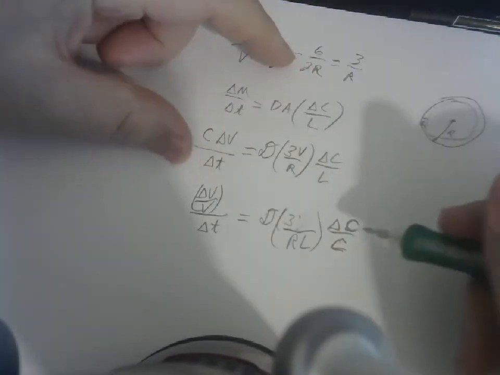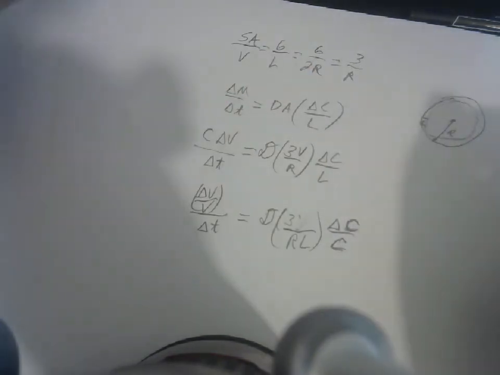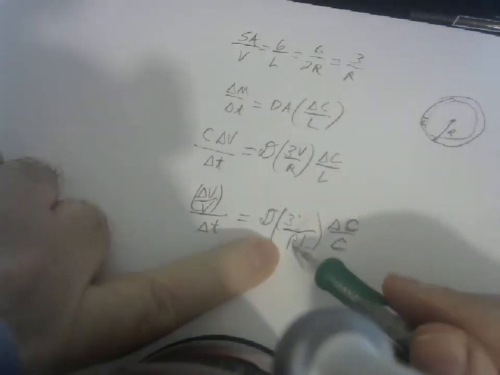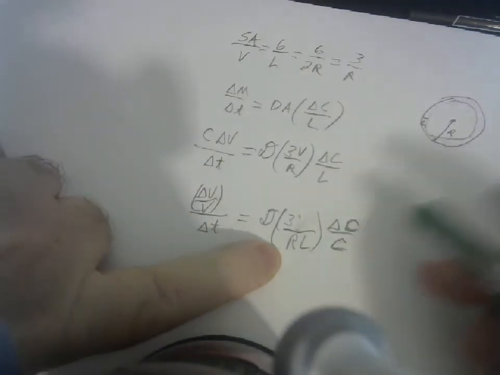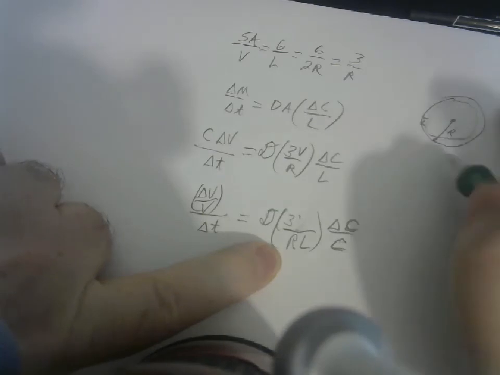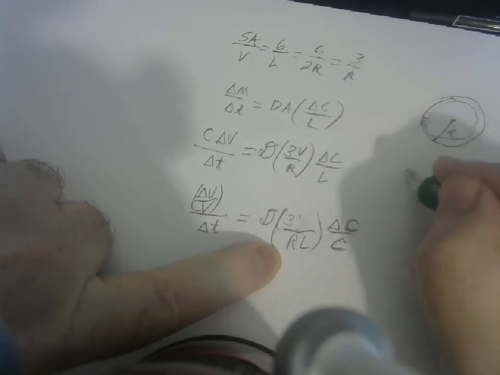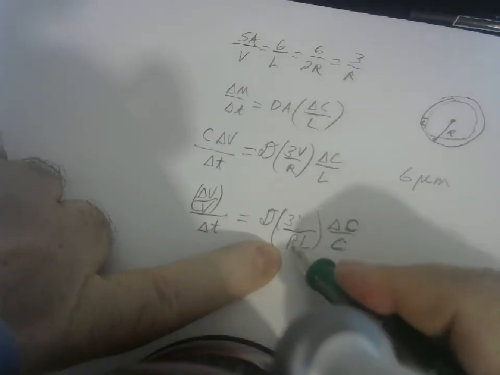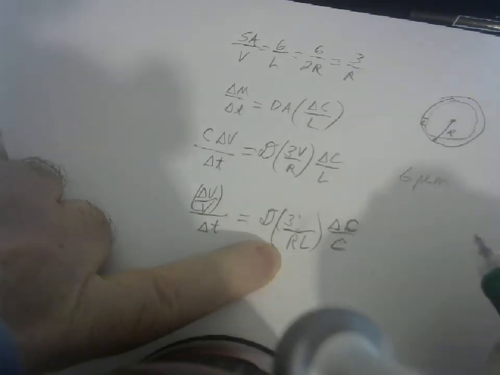And okay, so now we can see that the proportional change in volume will go up greatly if the radius of this guy is, say, 6 micrometers, then that is 6 times 10 to the negative 6.